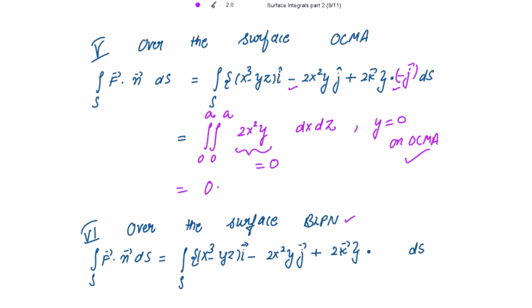So for the BLPN surface, n vector is j vector, and this is a double integral. When taking the dot product, we get negative of 2x square y, and ds will be dx dz, with limits from 0 to a. On taking y equal to a, the integrand becomes negative 2x square a.